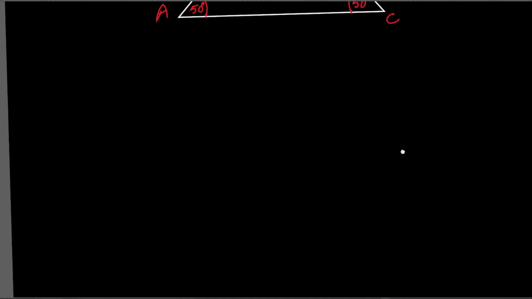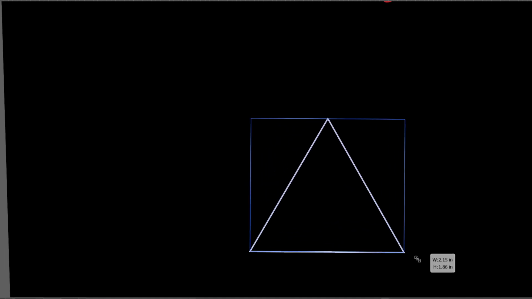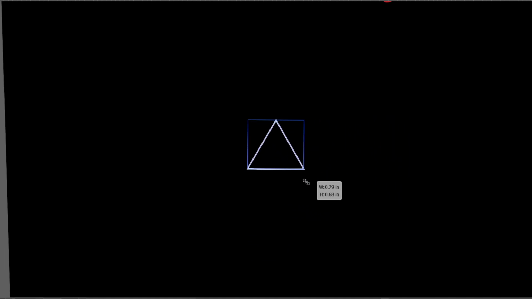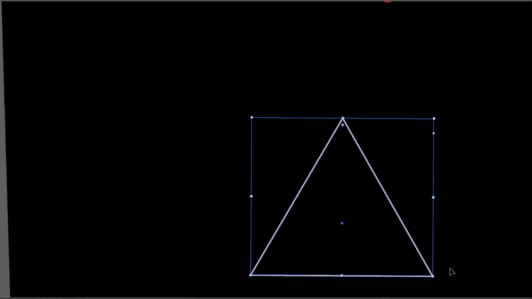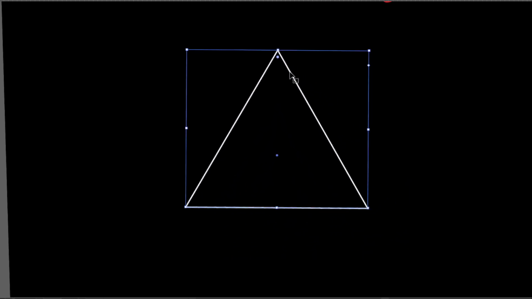How in the world did I do that? I don't know. Well, let's just make that look about like that. Now watch. If I hit the shift key, it keeps it in proportion. Everybody see that? Yeah, it's to scale, so it doesn't make one side bigger than the other.